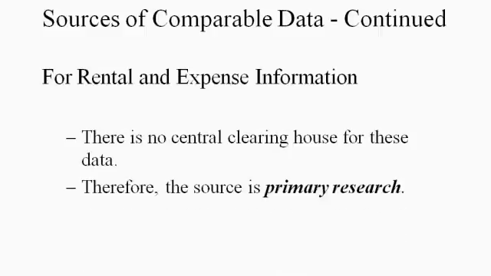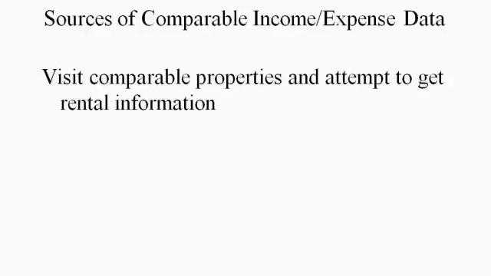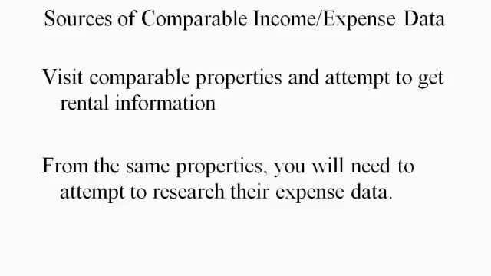So that means that your source is primary research, and that means you have to go out and gather the information yourself by visiting these potentially comparable properties and attempt to gather the rental information and attempt to get the expense information. But again, which of those two is the more difficult to gather? And the answer is probably the expense information.